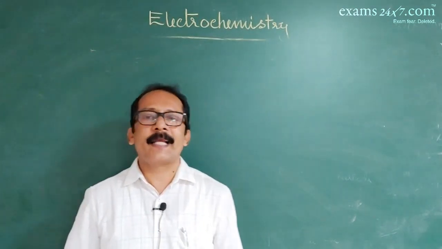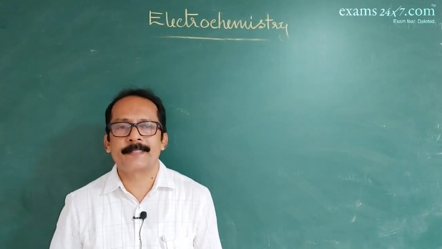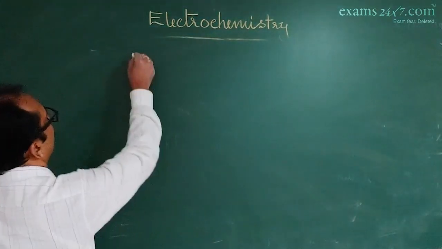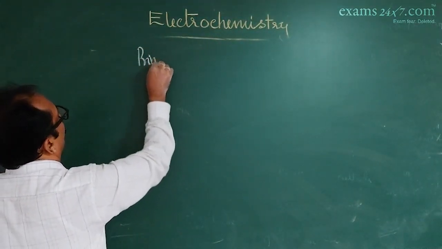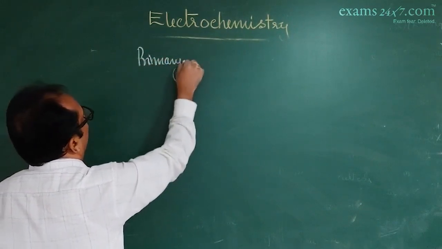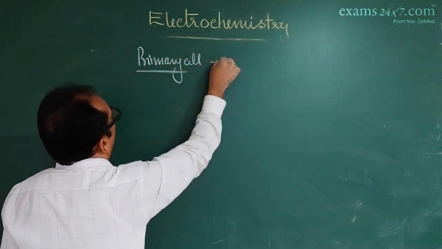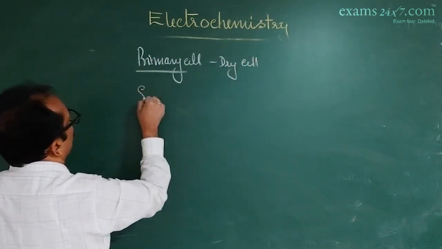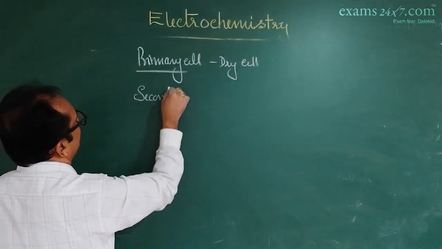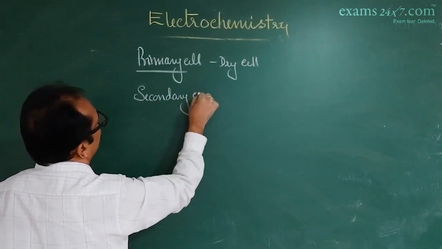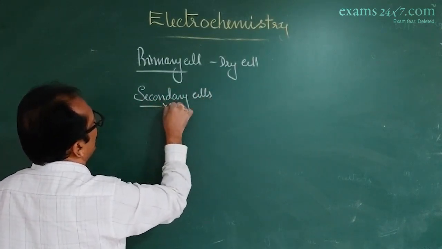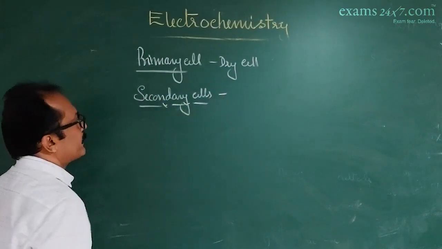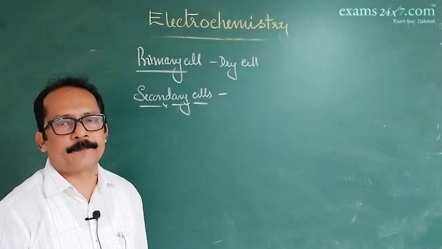An example is the dry cell, the Leclanche cell. Secondary cells are the cells which can be recharged.